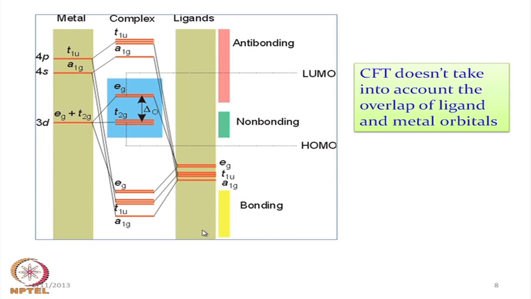This sort of bonding we now see in terms of the ligand field theory, where the bonding interaction stabilizes the metal complex, and whatever spectroscopic, magnetic and other interactions we have come from the non-bonding and anti-bonding interactions.